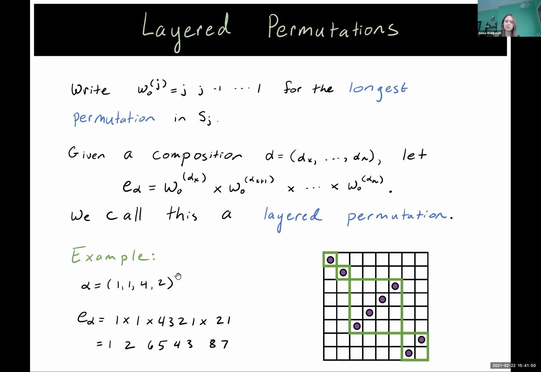It's probably best to just look at this picture. If alpha is the composition 1, 1, 4, 2, then we're stacking together blocks: W naught 1, W naught 1, W naught 4, and W naught 2. You just stack these blocks together to form one big permutation. That's a layered permutation, a permutation built in this way.